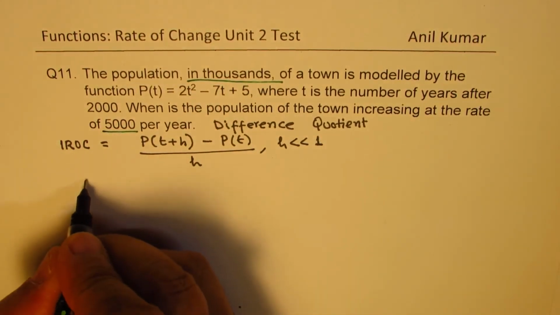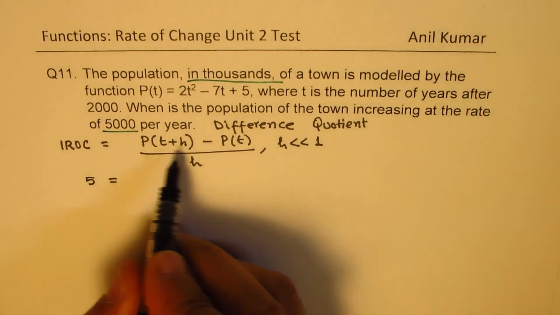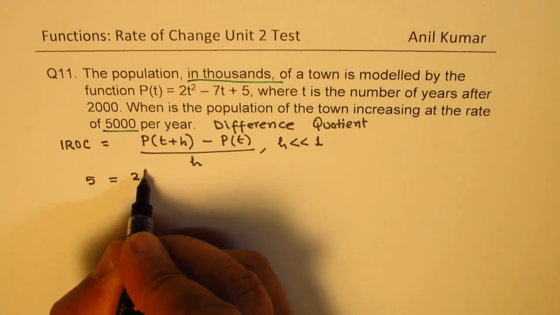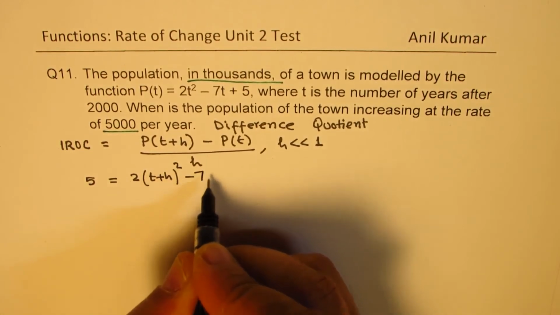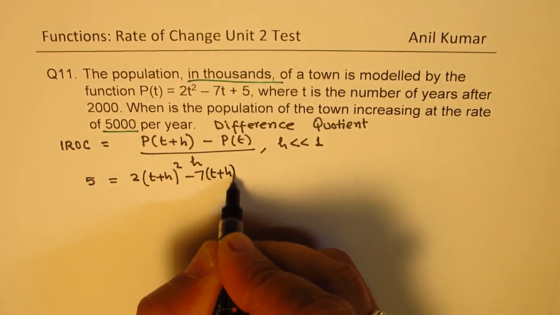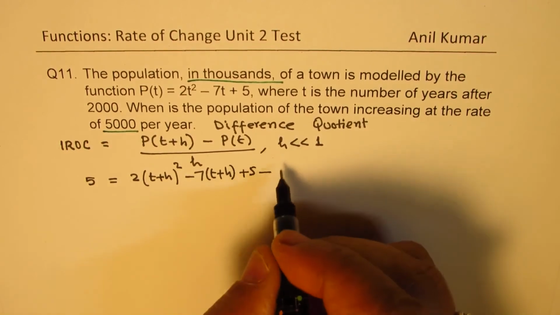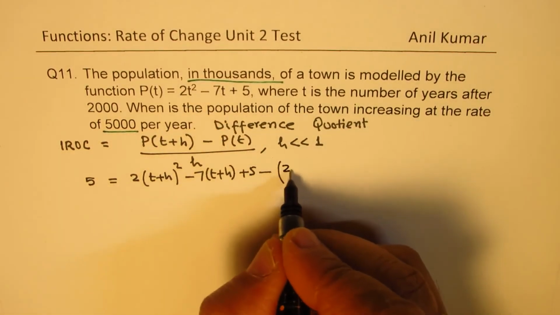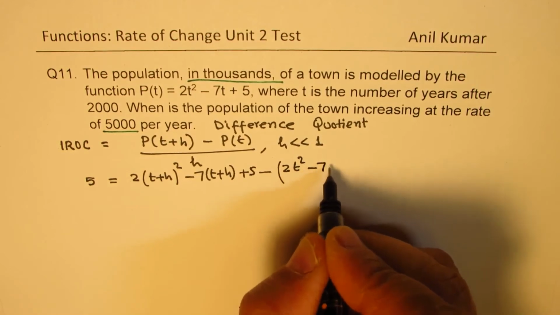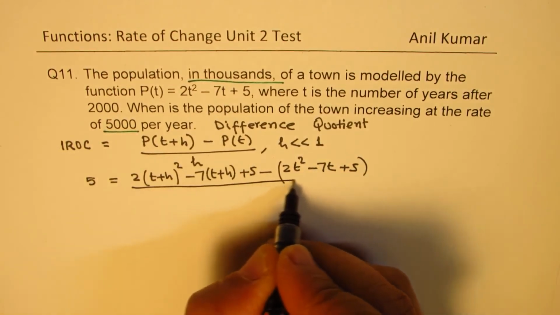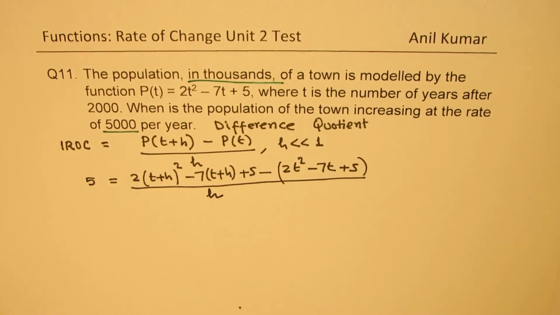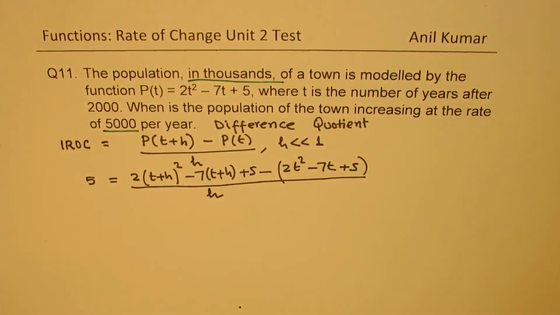So we could write this as 5 equals 2 times (t plus h) whole squared minus 7 times (t plus h) plus 5 minus the whole expression 2t squared minus 7t plus 5, over h. Correct? So that is what we need to solve for.